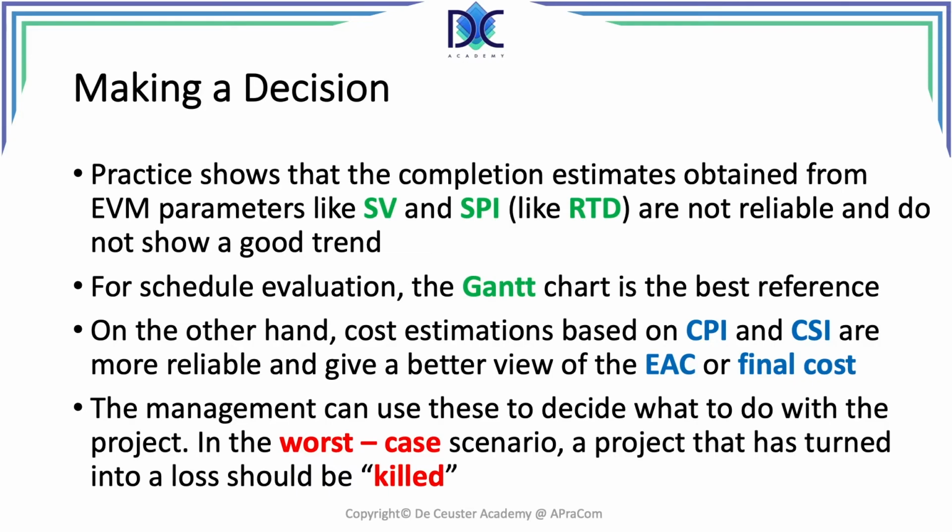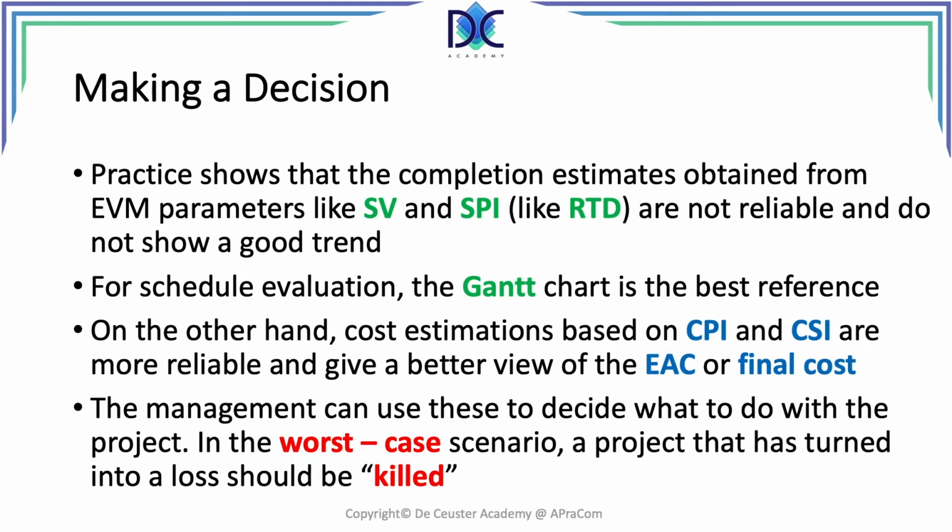The schedule variance and the SPI, or the revised total duration, are not so reliable when we look at past experiences. The trend that we have is not always the best indication of the real duration of the project. The schedule is best reviewed when you use the Gantt chart.